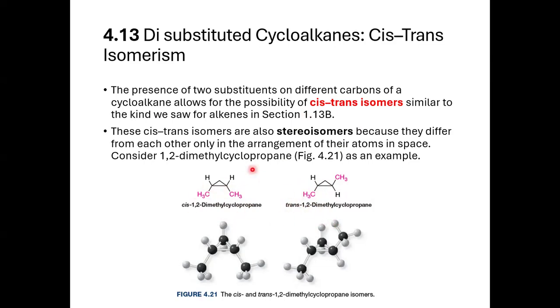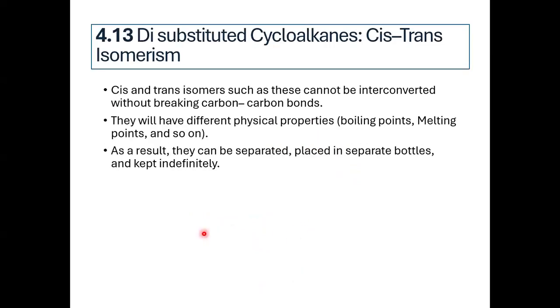This kind of isomer is also called a stereoisomer, where we can see that the connectivity of the atoms is still the same, only the spatial orientation is different from the other one. And you call it cis-trans in cycloalkanes. You can also do cis-trans isomerism with your double bond, your alkene.